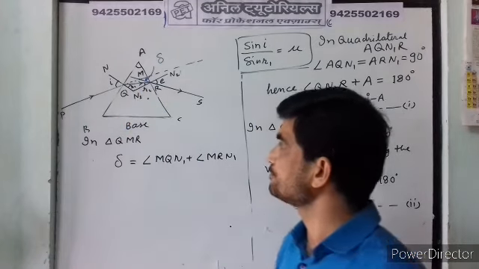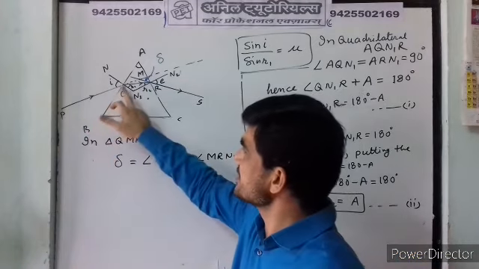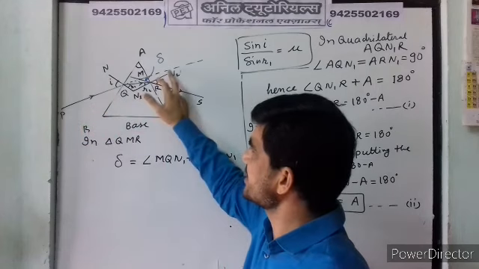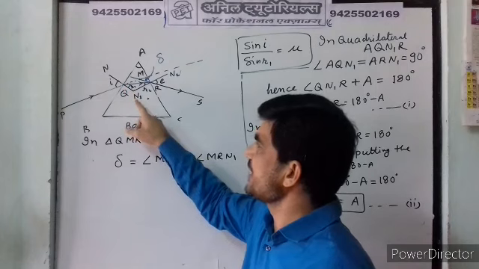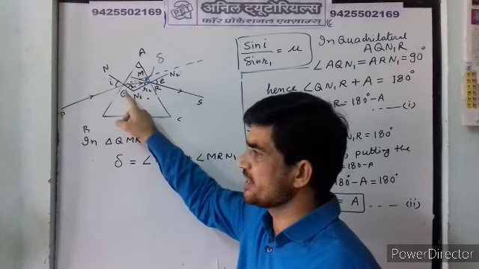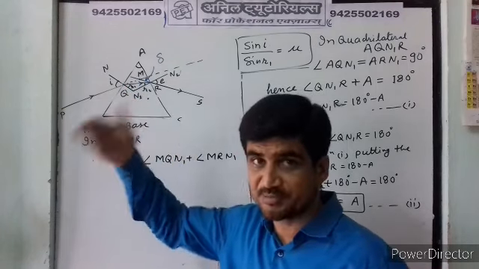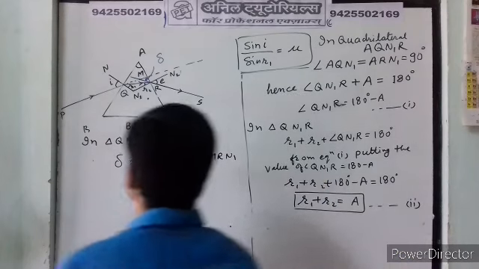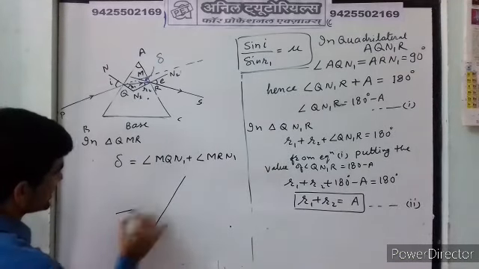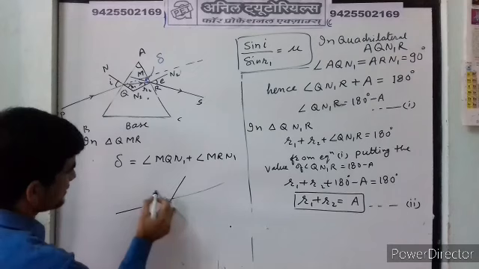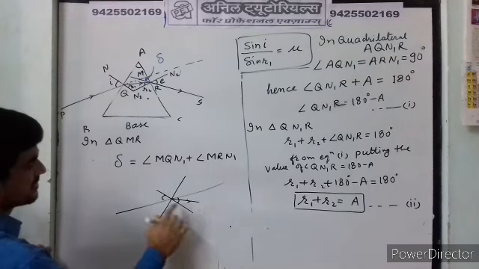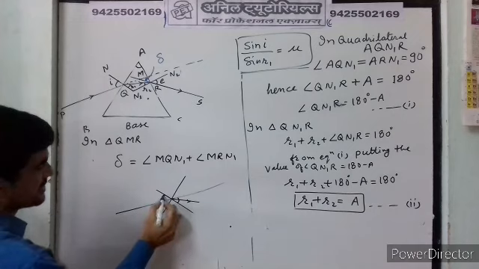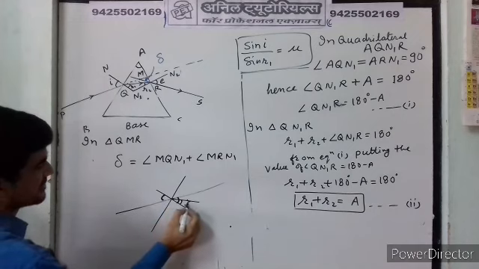Just see the figure. Here the PQ ray is incident, and when you extend this ray, this angle MQN1 will be equal to I. Vertical opposite angle: if this is the incident ray, this angle will be equal to this, and here we have another ray, so this angle equals this angle, and this is R1.